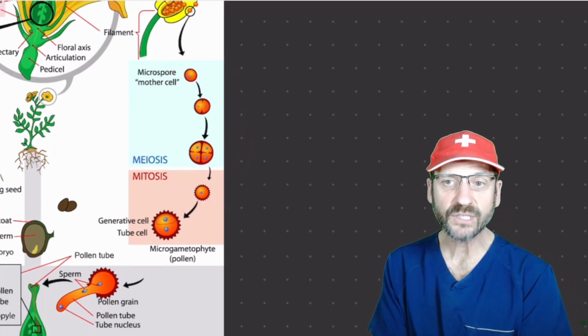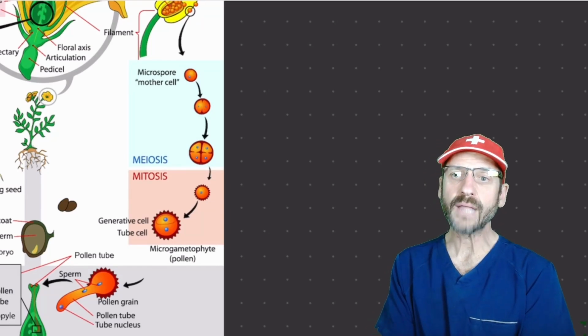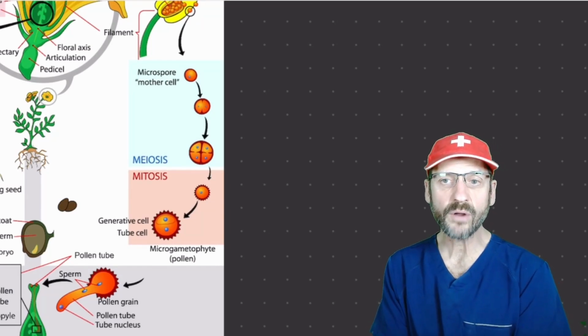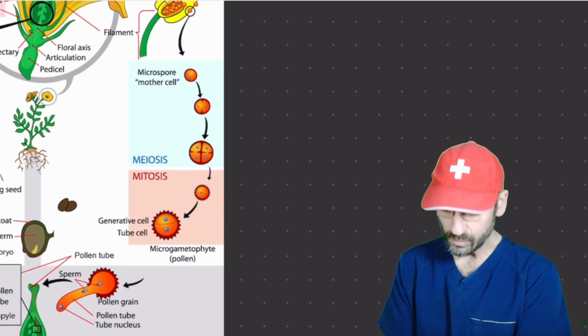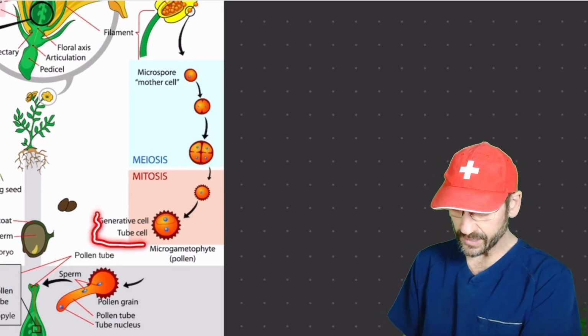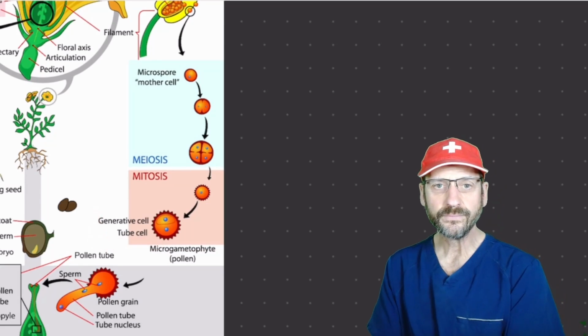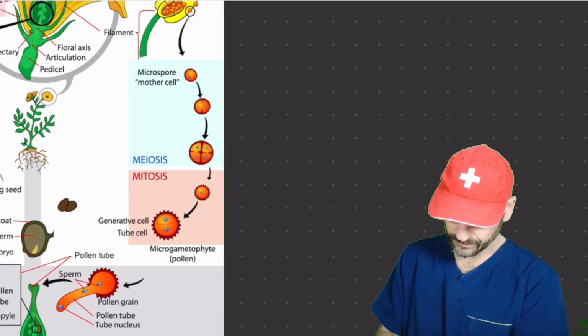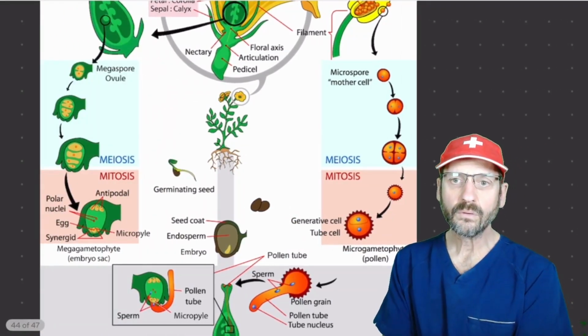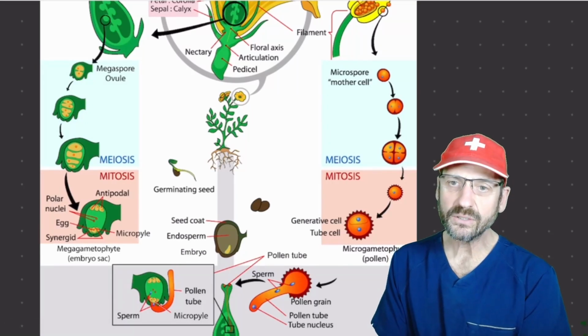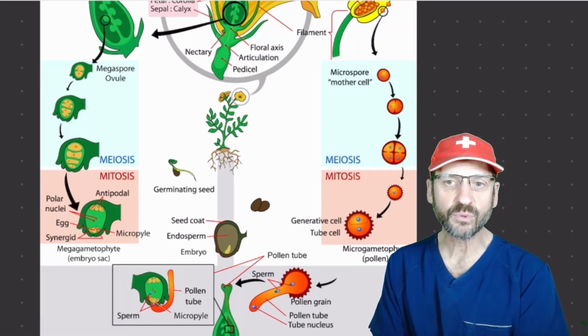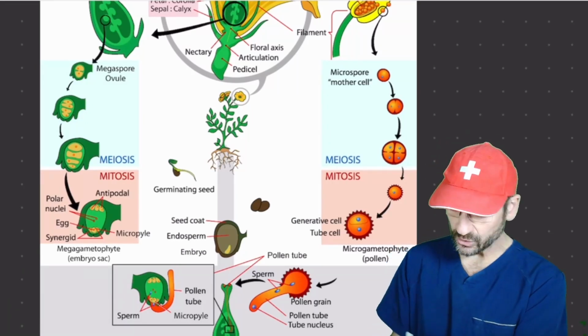Each pollen grain has two cells, one that divides into two sperm and another that grows into the pollen tube. And you can see those right here. In the ovule, a megasporocyte divides by meiosis and produces 4 haploid megaspores.